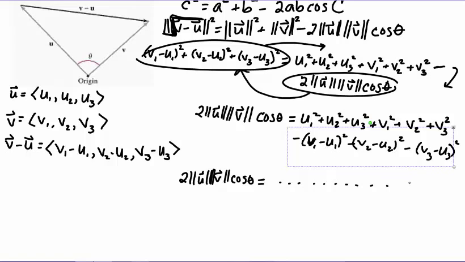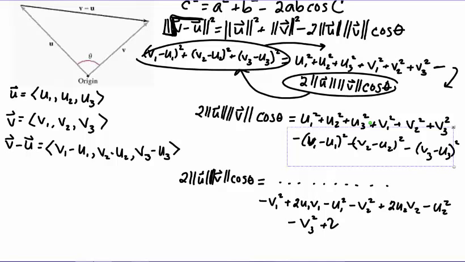So my top row stays the same, but now my bottom row is going to be minus v1 squared plus 2u1v1 minus u1 squared minus v2 squared plus 2u2v2 minus u2 squared minus v3 squared plus 2u3v3 minus u3 squared.